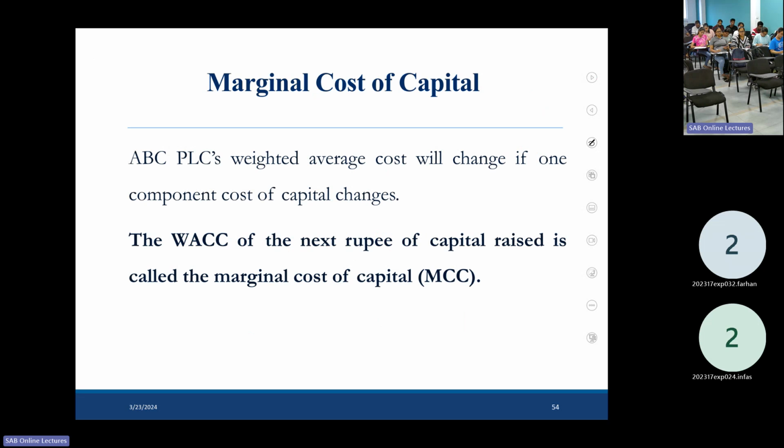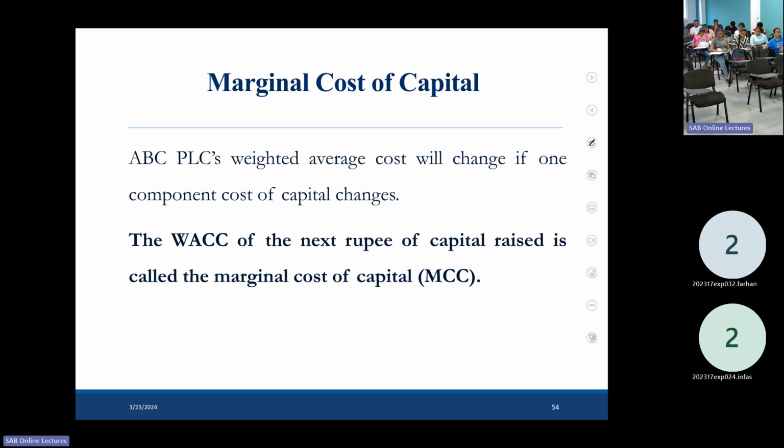Right, it is easy. So the last point is marginal cost of capital. Now you calculated the weighted average cost of capital using the company's capital structure information based on the existing capital. Suppose now we are going to raise more capital for an investment.